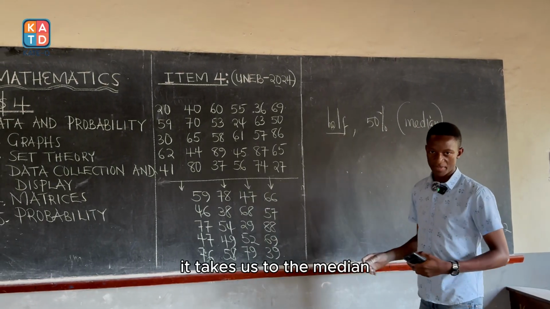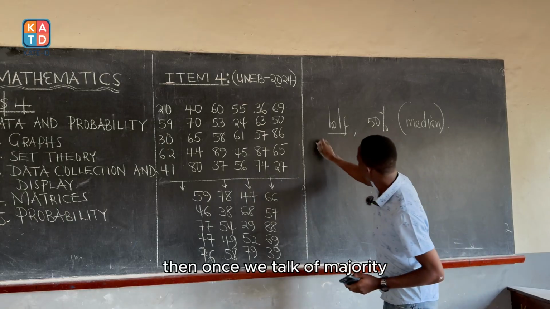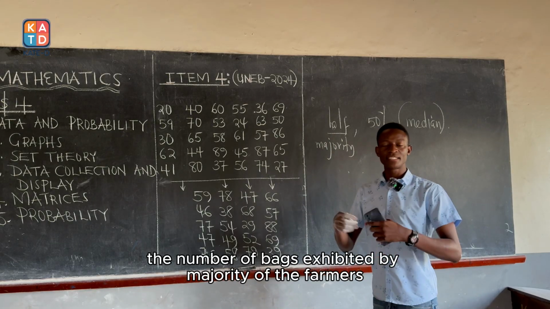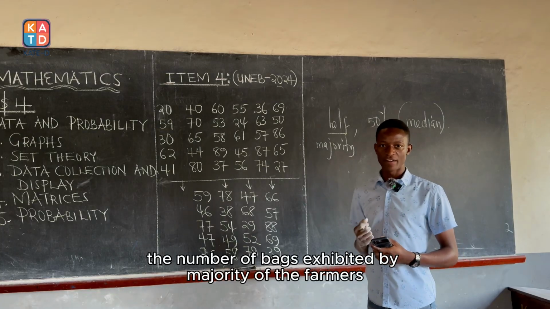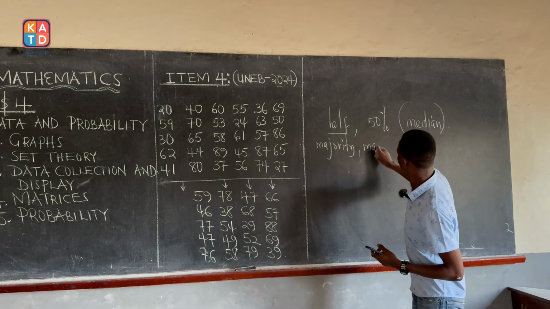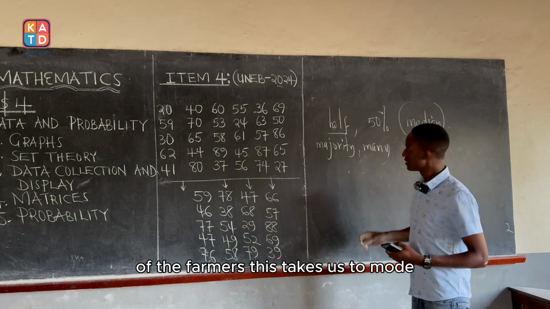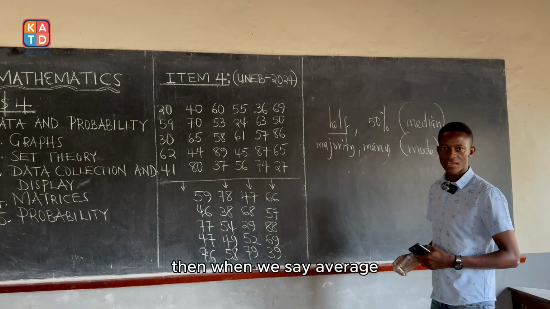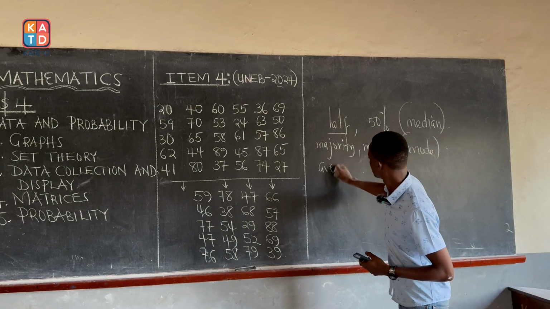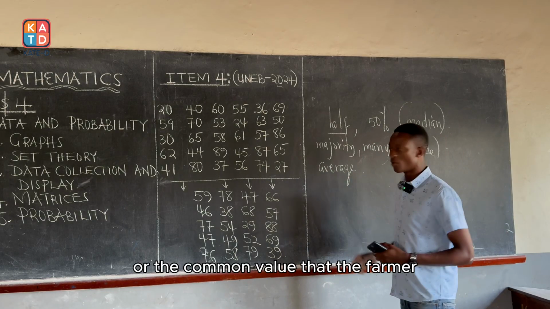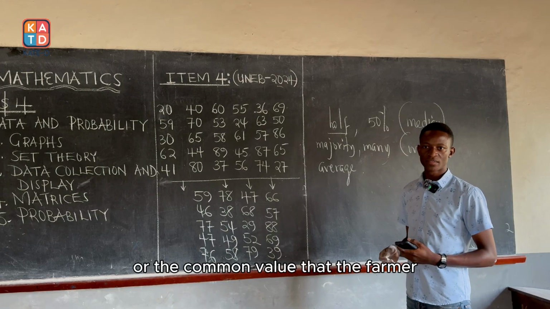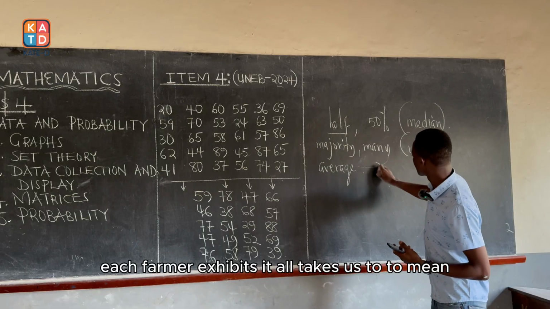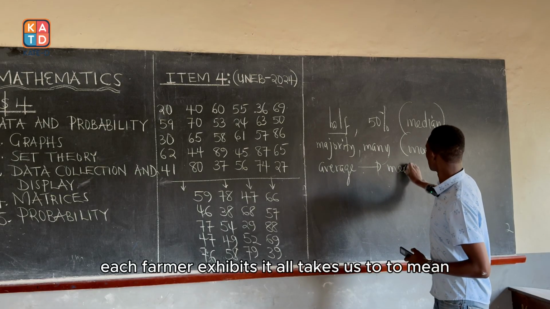Then once we talk of majority, the number of bags exhibited by the majority of the farmers, many of the farmers, this takes us to the mode. Then when we say average, or the common value that each farmer exhibits, it all takes us to the mean.